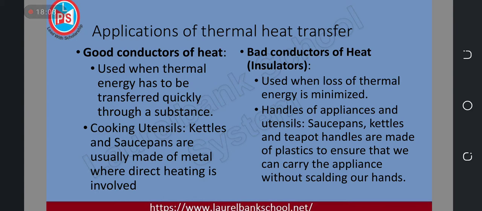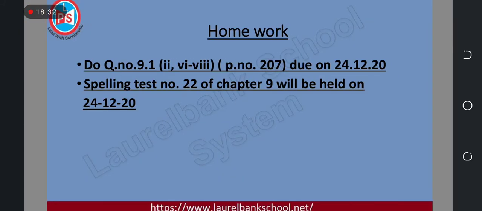So the handles of appliances like saucepans, kettles and teapots are made of plastic to ensure that we can carry the appliance without scalding our hands. This is the difference between good conductors and bad conductors in applications of thermal heat transfer.